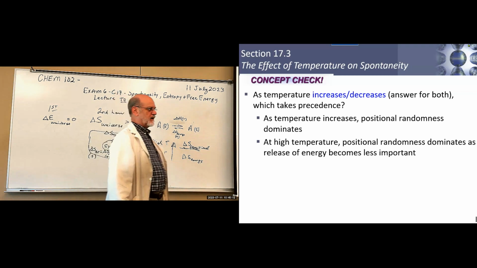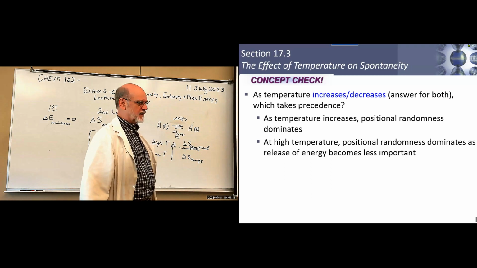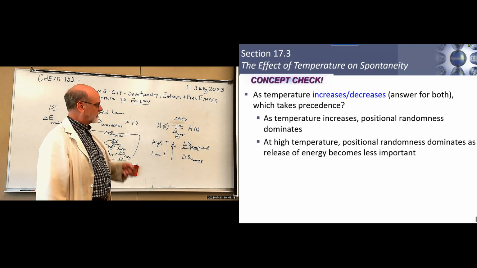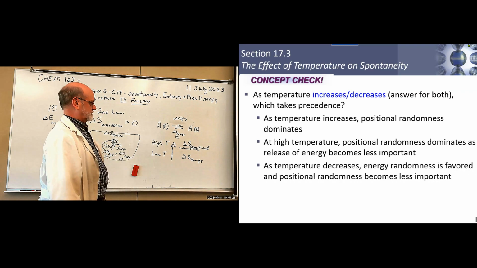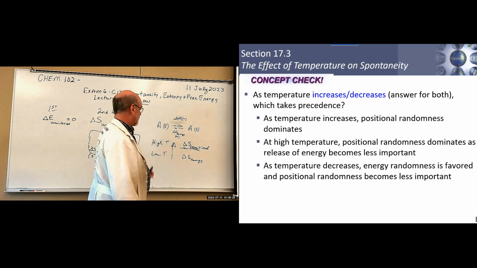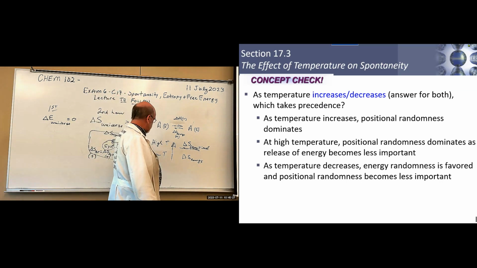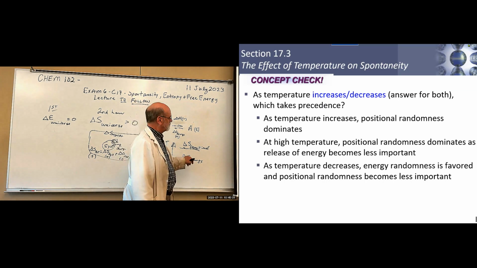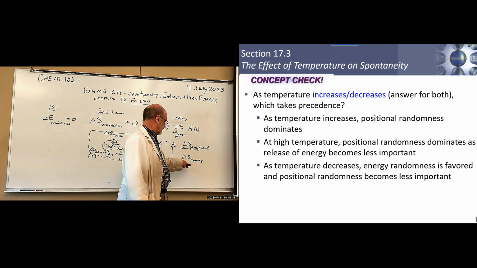If I were a millionaire and I gave you $10, that wouldn't impact my bottom line much. And by the same token, if we decrease the temperature, now change in energy randomness is more important.